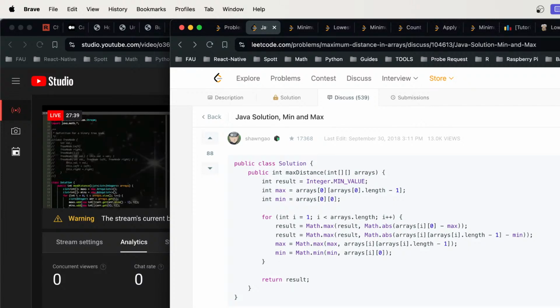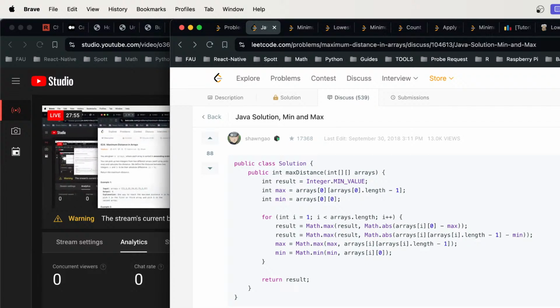And at each one, we say the current min and the current max. So at the beginning we have a min and max, and at each one, as we go through, we try to pick the current max and the current min.